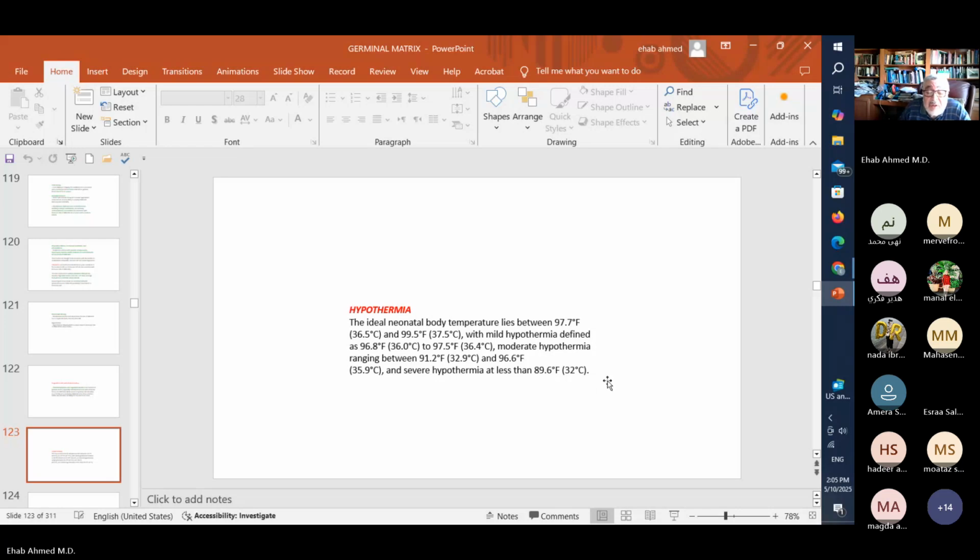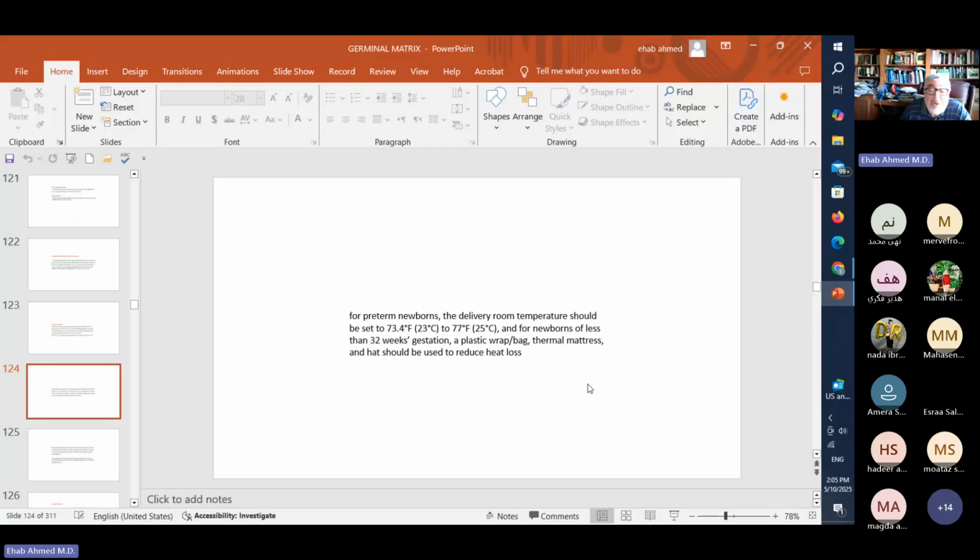And the delivery room temperature should be between 23 and 25. And I noticed that, especially in C-sections, because the obstetricians are surgeons, and you know how surgeons behave. Usually they like to have the air condition working and they don't pay attention to the baby, especially if the baby is preterm.